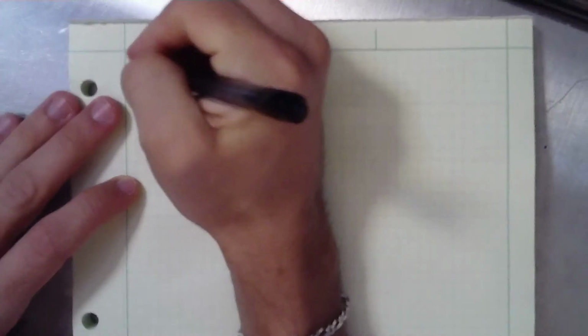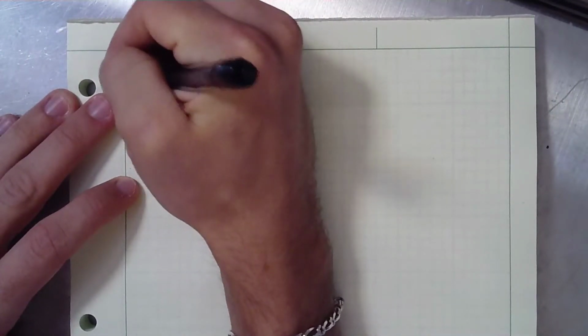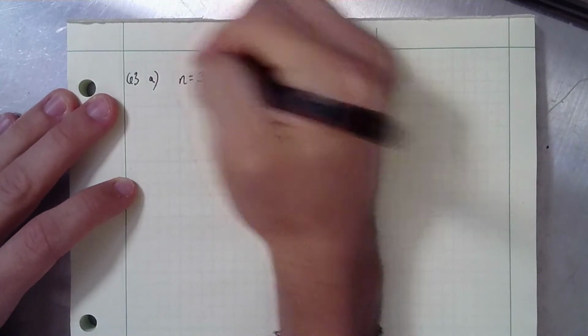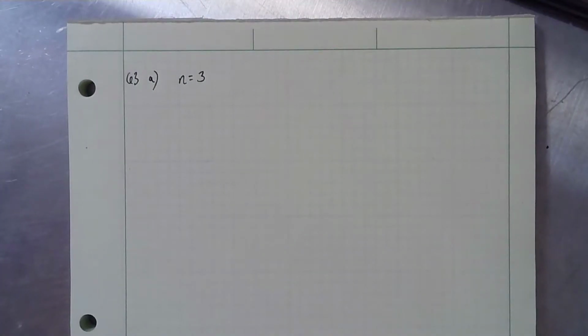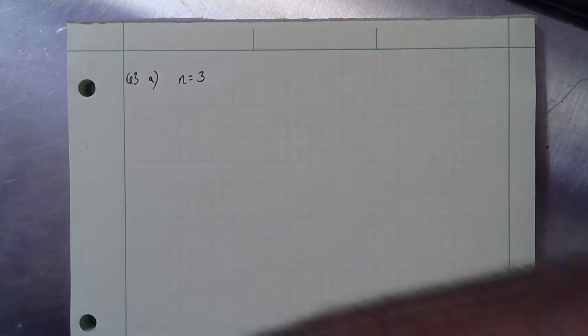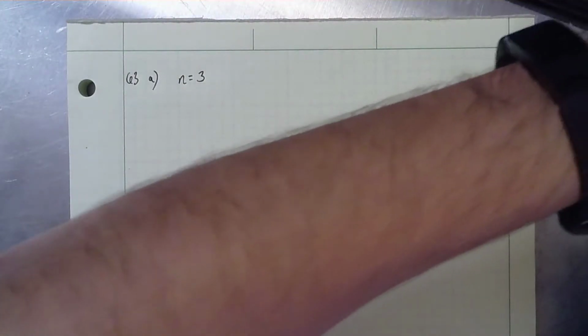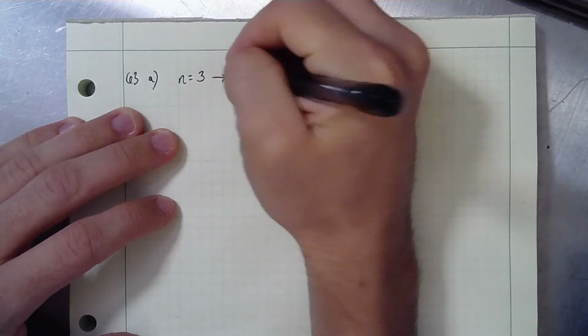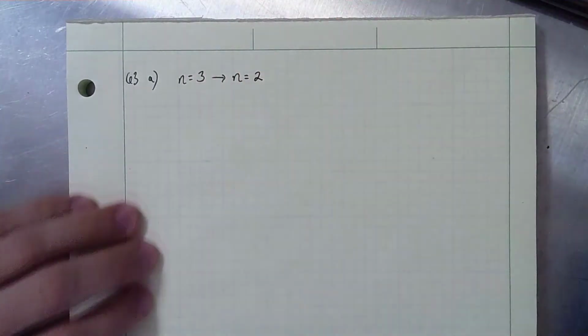Once again, this is Chapter 7, number 63, Part A. And we're going to be going from n equals 3 to n equals 2. What that means is that we have an electron going from n equals 3 to n equals 2.